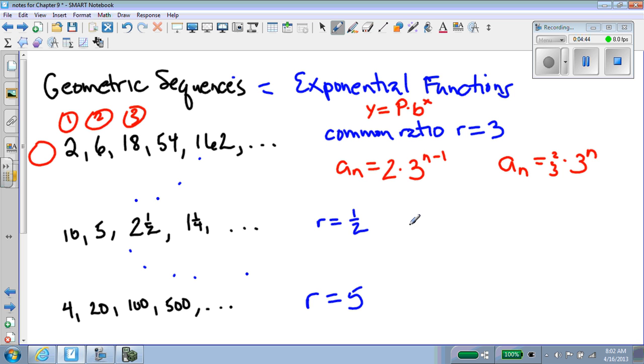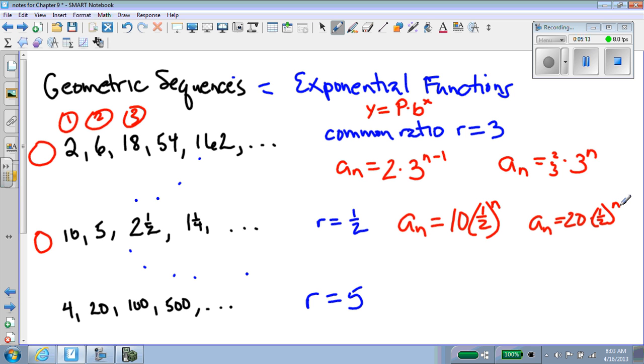So in each case, in this one, this would be a sub n is equal to 10 times 1/2 to the n minus 1, or a sub n is equal to, I'm multiplying by 1/2, so I would divide by 1/2. So 10 divided by 1/2 is 20 times 1/2 to the n.